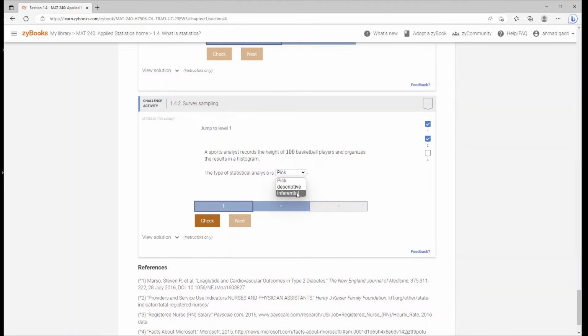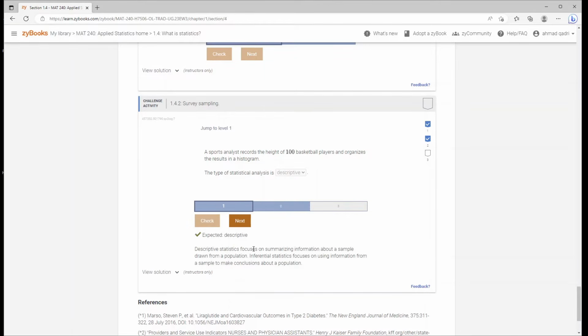Now it would have been an inferential study if the analyst was studying a sample of 100 basketball players and say perhaps calculating the average age and then projecting it to the population, which is all NBA players. That is an example of an inferential study. Here we're creating a histogram of the height of 100 basketball players. Creating a histogram to do visualization is a descriptive study. And so that is the correct response.